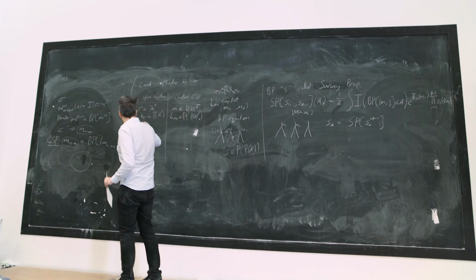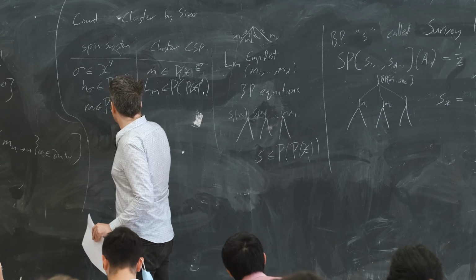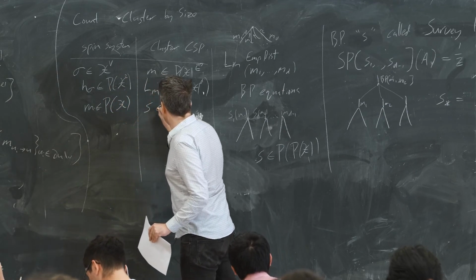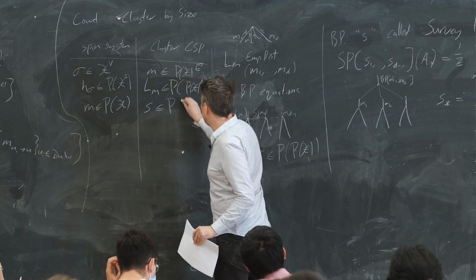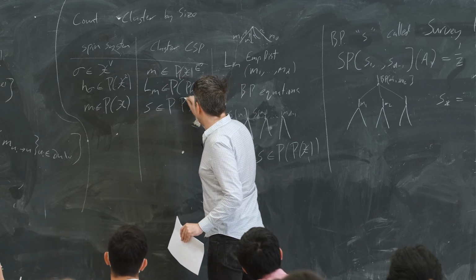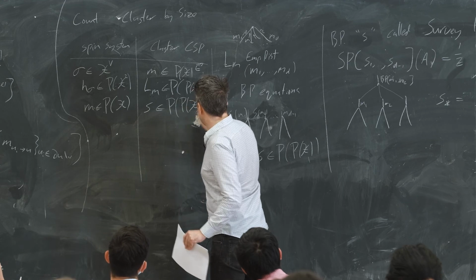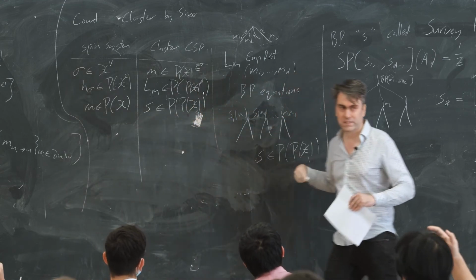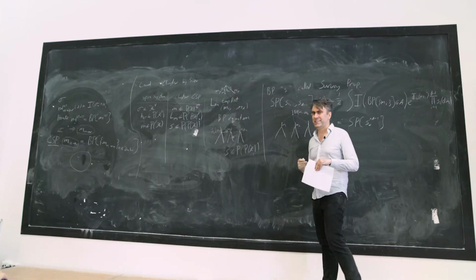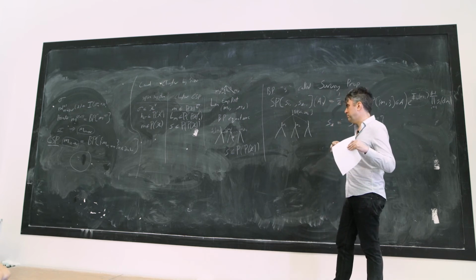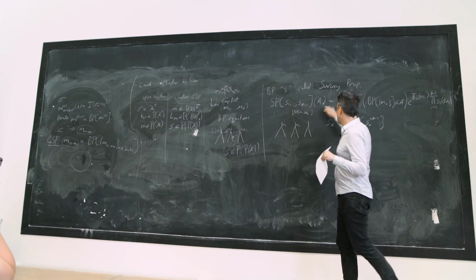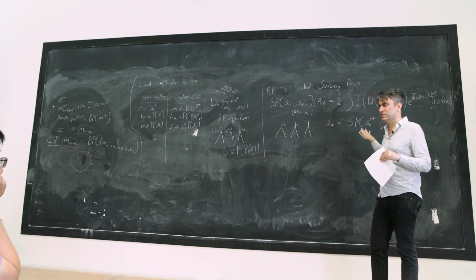M was a probability distribution over X. S is a probability distribution over this space, so it's a probability distribution over probability distributions. So we can't necessarily just think of that as a vector. And so we should think of this as a recursion of measures in general.